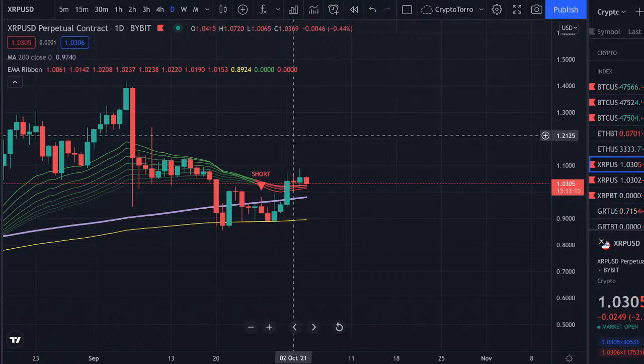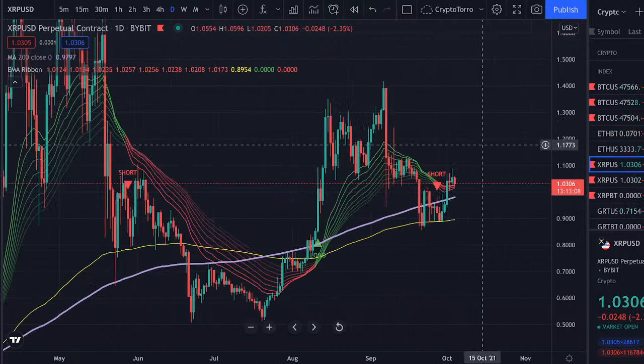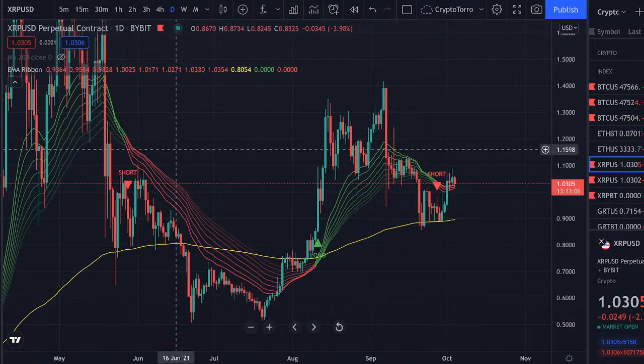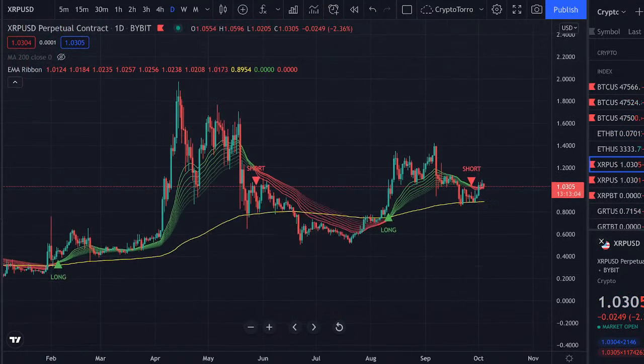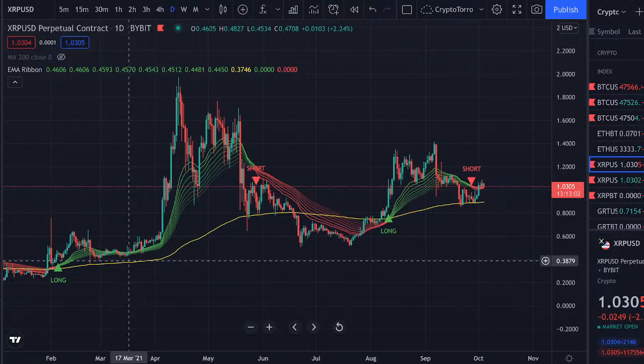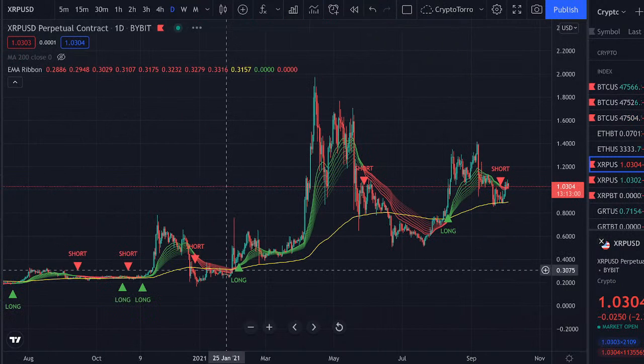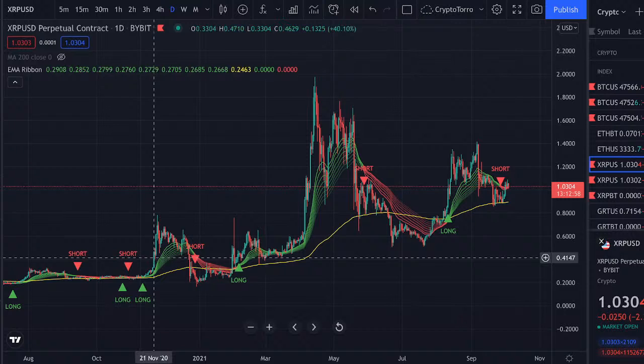So if we take a look at the overall trend on XRP, this is March 2021, and this is January 2021. At this point in time here, this is January the 1st.